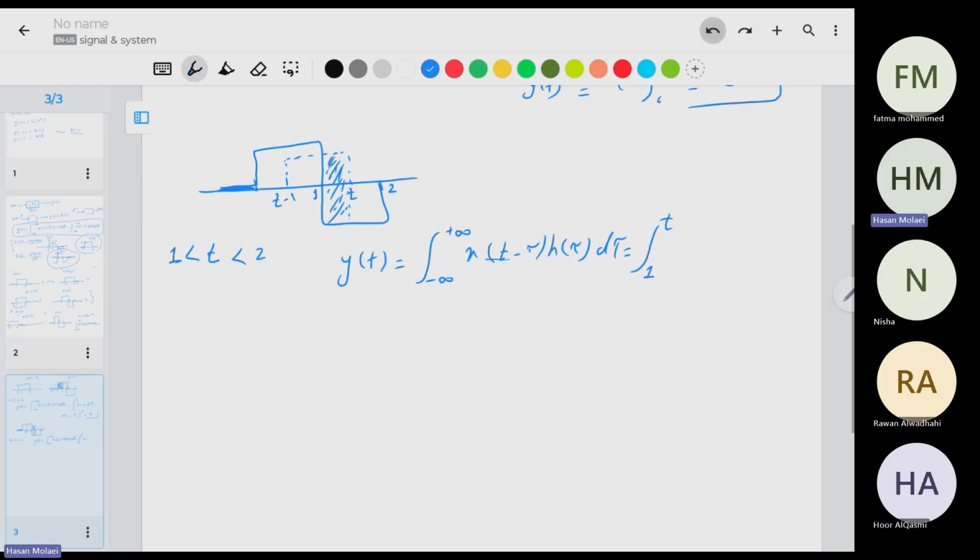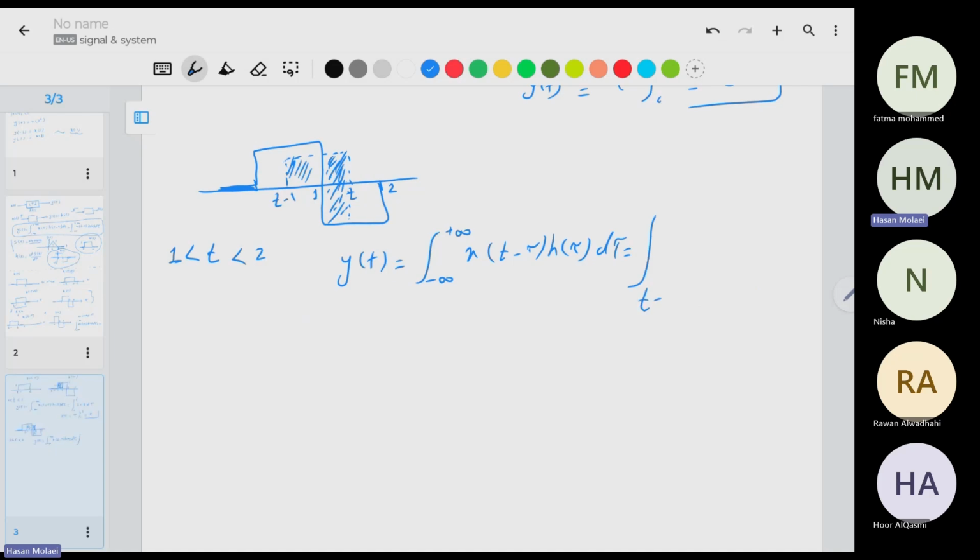Thank you very much. From 1, we have this side and this side, both positive. Let me write like this. We have two regions.